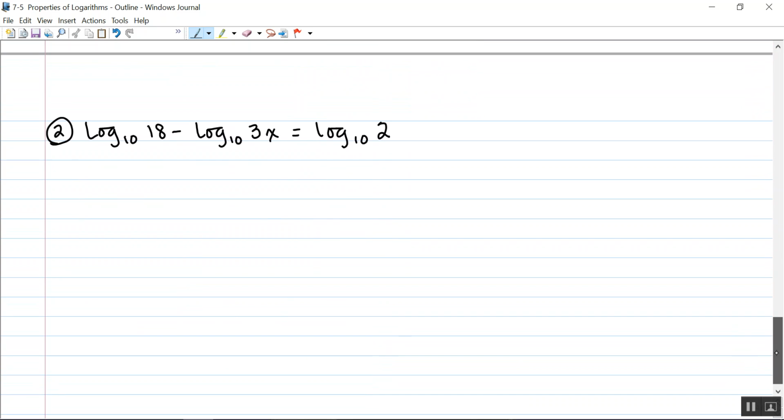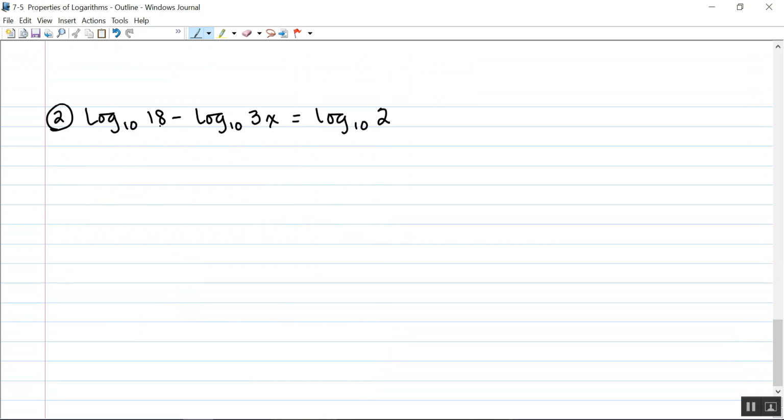And our last example here, log base 10 of 18 minus log base 10 of 3x equals log base 10 of 2. So let's go ahead and use the quotient property over here. And since I'm subtracting, I can say log base 10 of 18 over 3x equals log base 10 of 2.